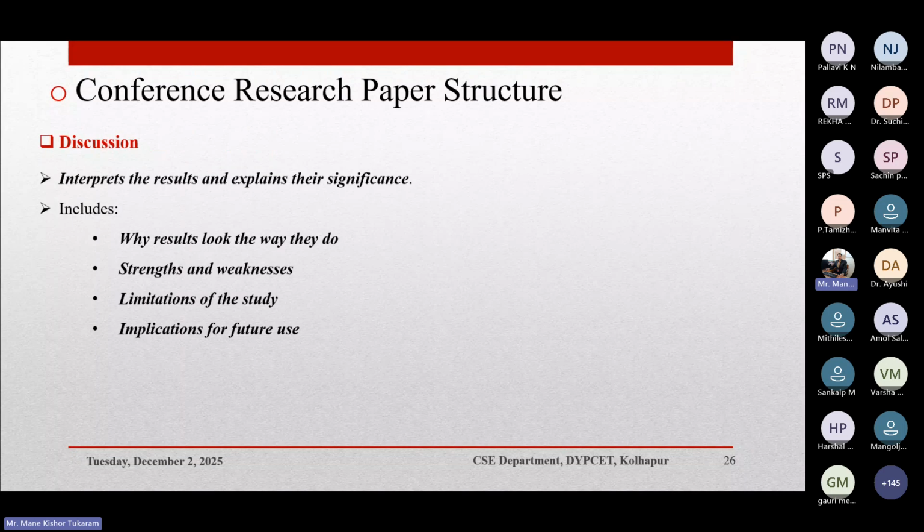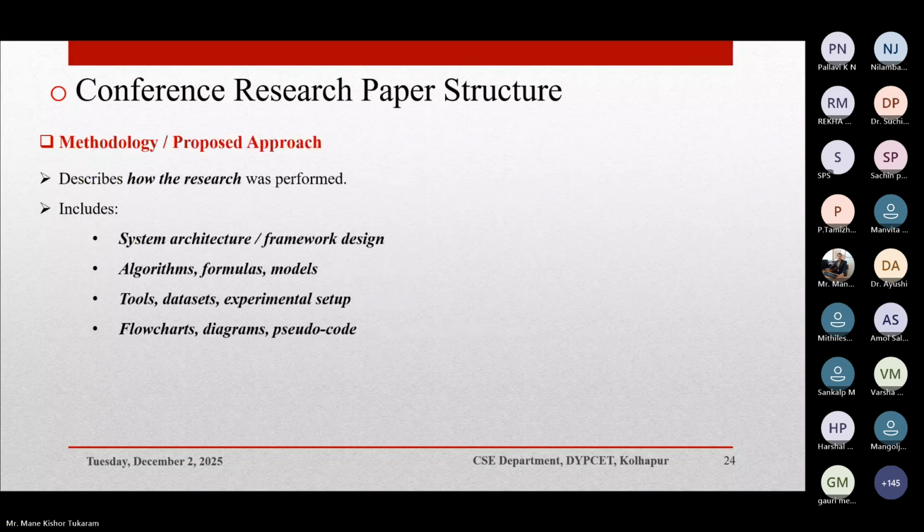Okay, so our main focus is the methodology. Here we can present the system architecture, algorithms, tools, flowcharts, pseudocodes, and experimental settings. All those things we can highlight under the methodology section.